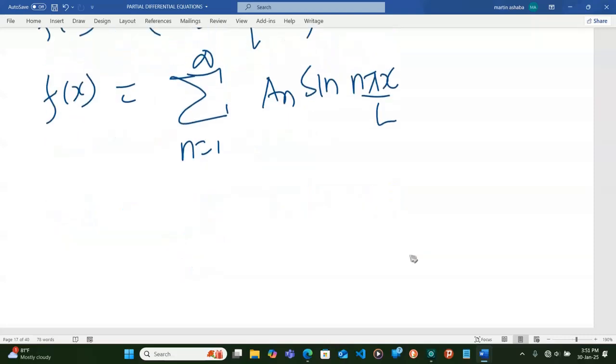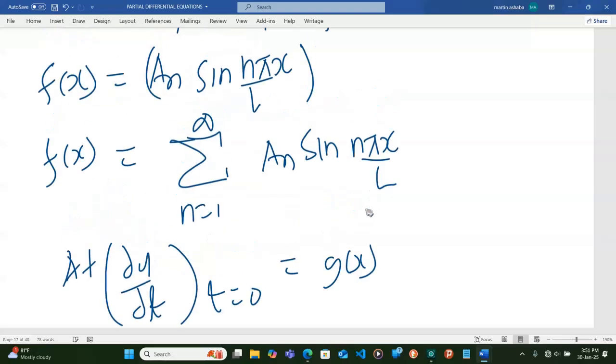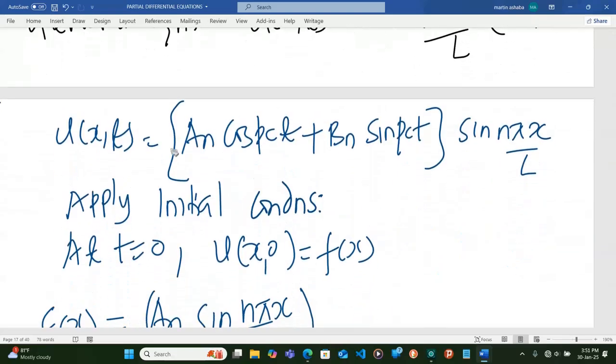Yes. So let's look at del u del t when t is equal to 0. This is equal to g of x. So let's now do the differentiation of this component with respect to t.